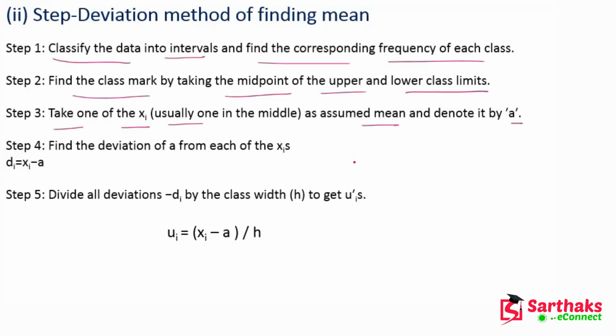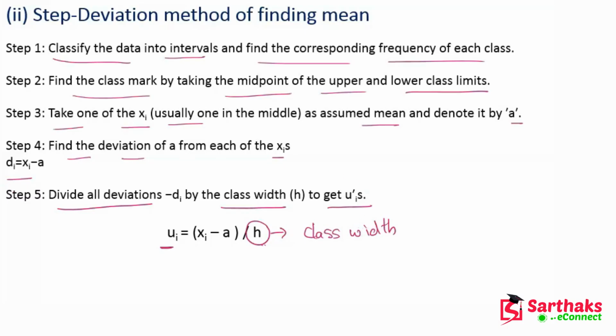Now again find the deviation from each of these xi: di is equal to xi minus a. The next step is to divide all deviations di by the class width h to get ui. H is the class width.